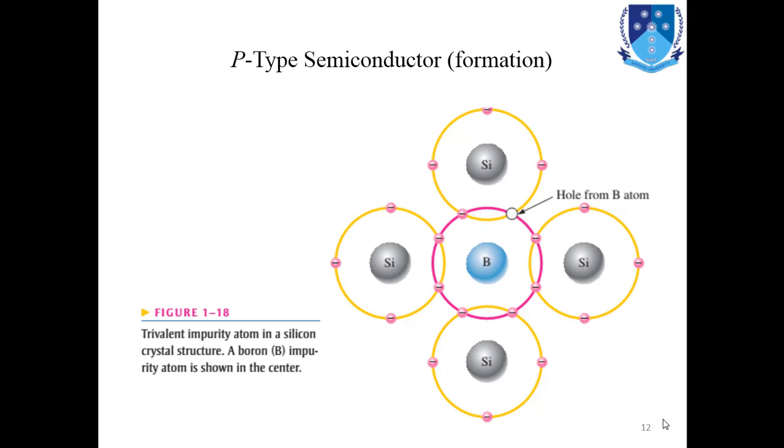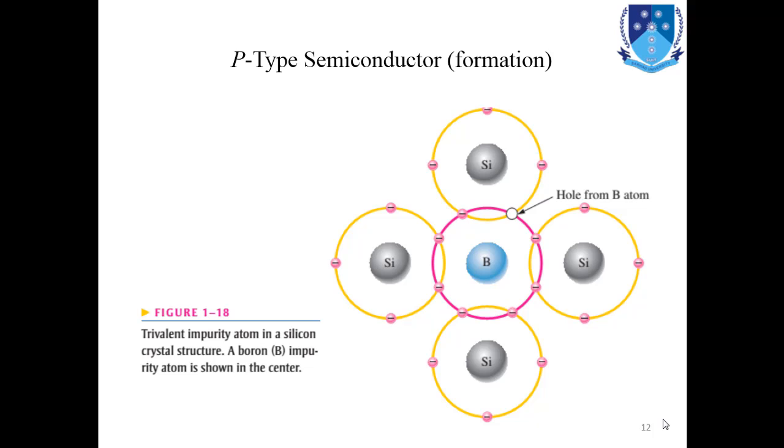So when a trivalent impurity atom, for example boron, is added in a silicon crystal structure, three neighbor silicon atoms will share one electron each with boron through covalent bonding.